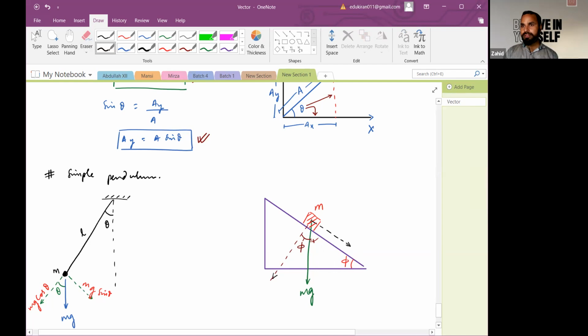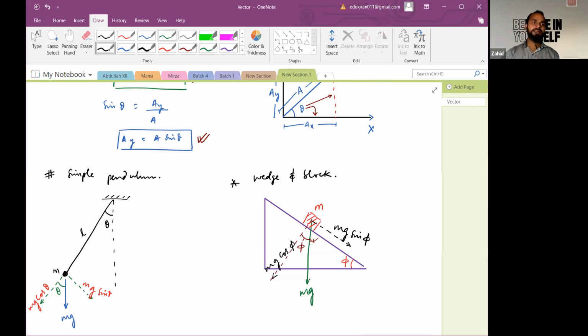So using two-dimensional splitting, since mg is your resultant vector, the component adjacent to the angle must be cos times that, and opposite to this will be sin times that vector. So this is called the wedge and block relation. Is it clear, Shreyan?